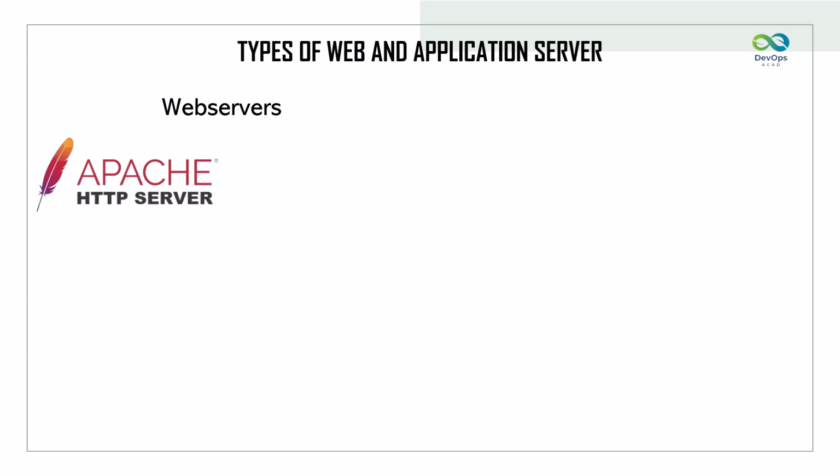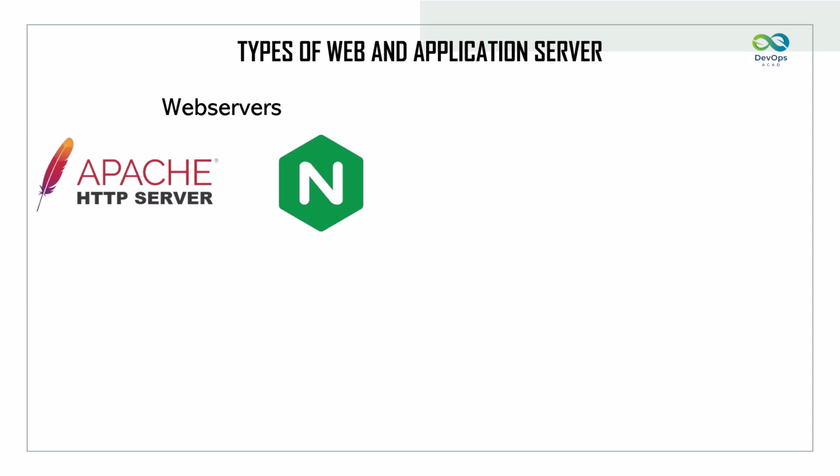The next one on our list is Nginx. Nginx is a lightweight web server and it's faster than Apache. One of the things that makes Nginx stand out is its ability to do what you call reverse proxy, which means your Nginx can serve as a gateway to your web servers.